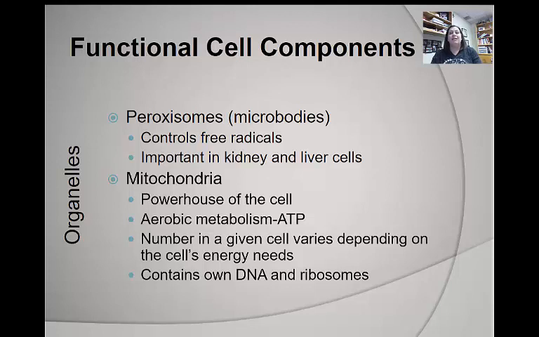The number in a given cell is going to vary depending on what the cell needs for energy. So some of your cells, like your skeletal muscles, are going to have tons of mitochondria, whereas other cells are not going to have as many because they don't need as much energy. When we look at mitochondria, they do contain their own DNA and ribosomes in order to create more of themselves if needed.